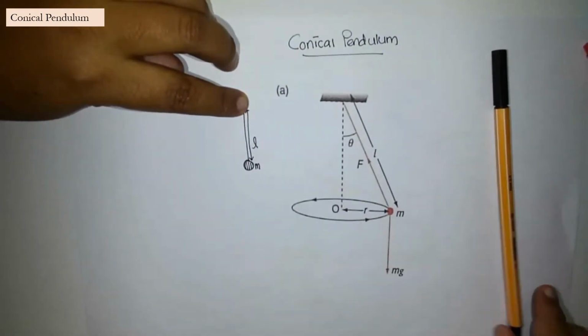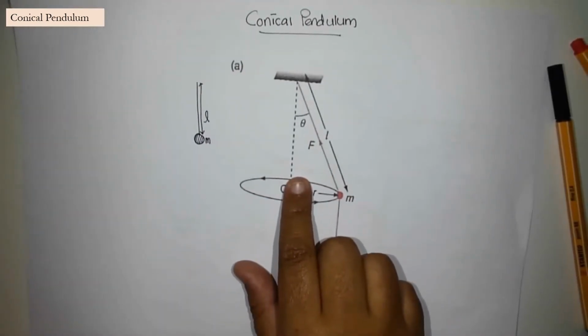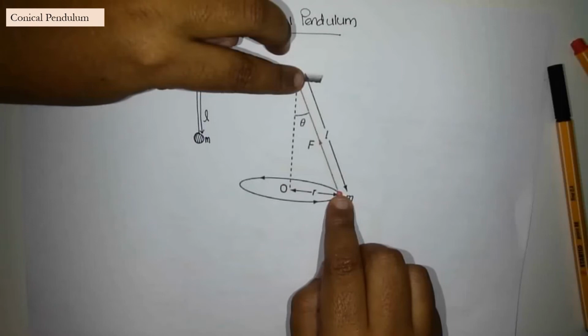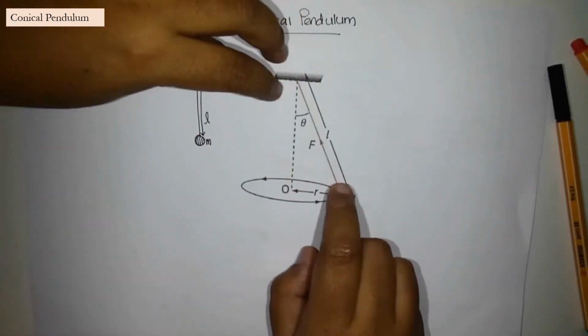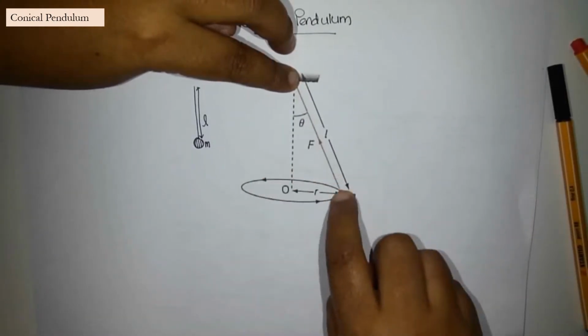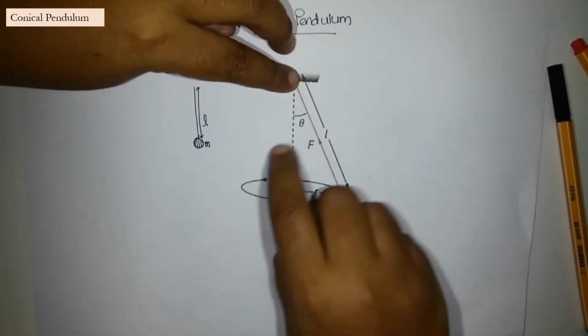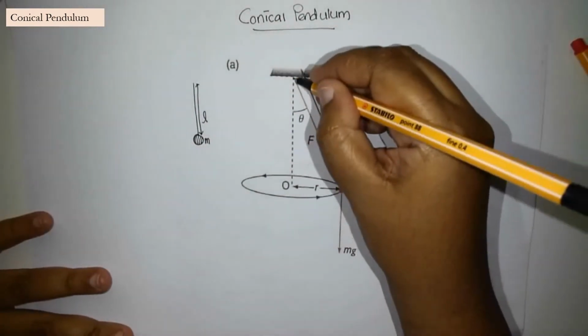A conical pendulum is formed when a bob of mass M at the end of a string is whirled in a horizontal circle of radius r, with an angle of theta from the vertical.